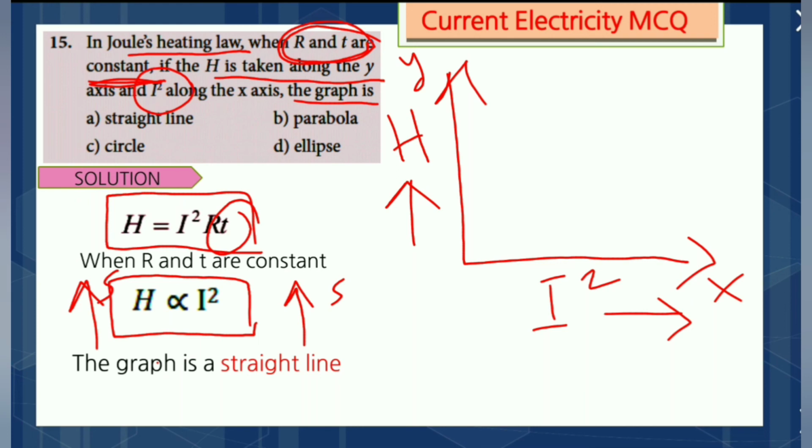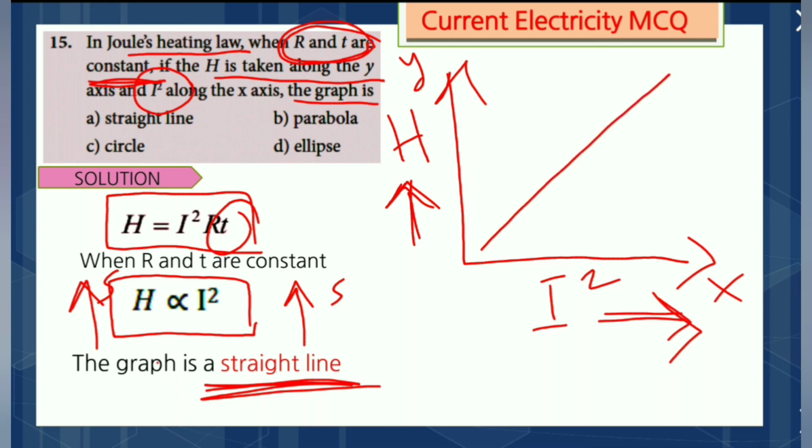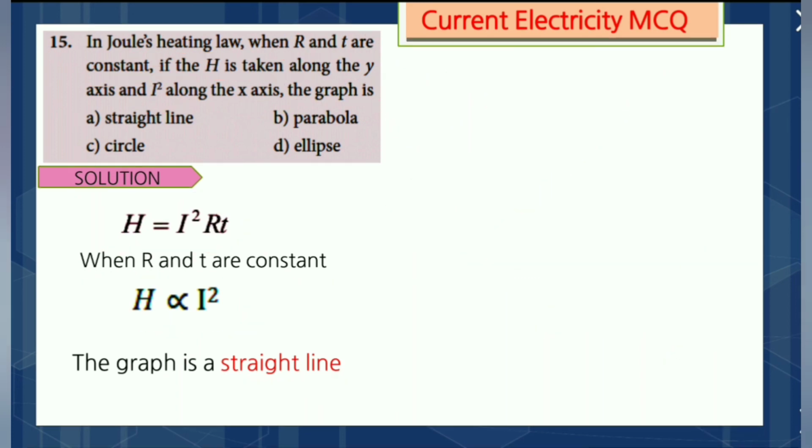So both are directly proportional, and we'll get a straight line. So from the graph, as H increases, the square of the current also increases, so we'll get a straight line. Okay, so option A.